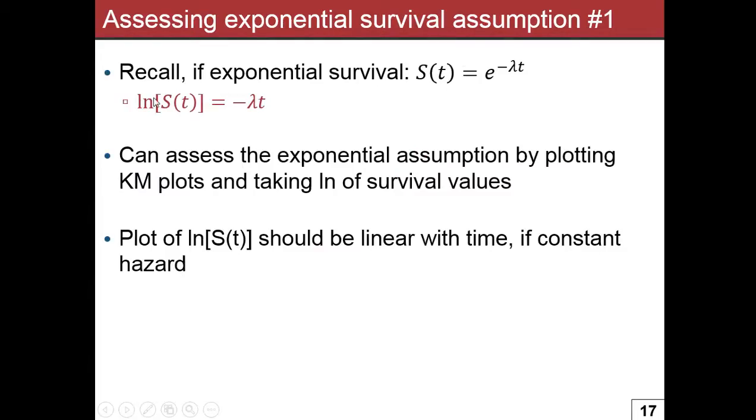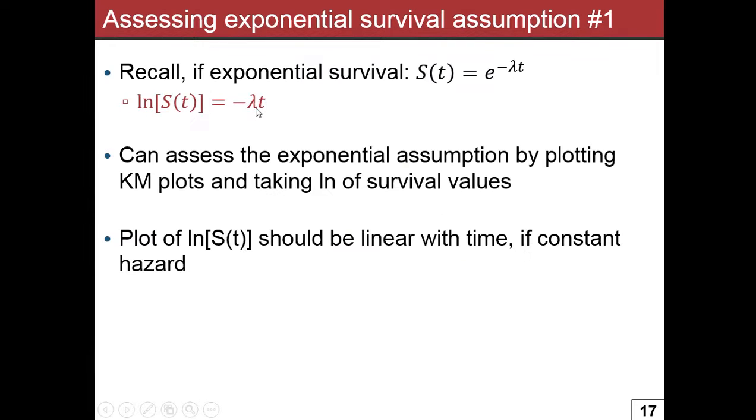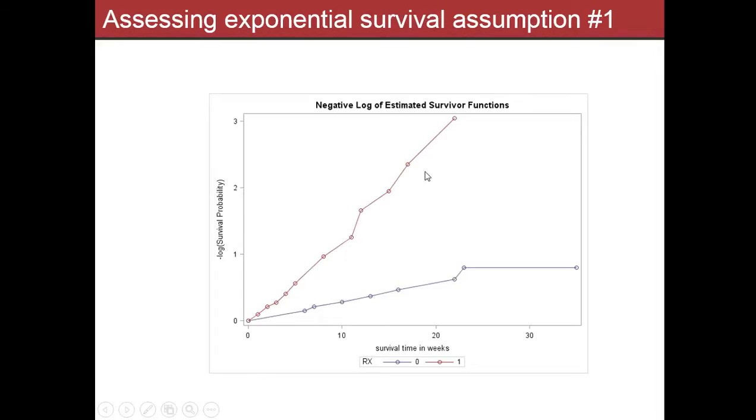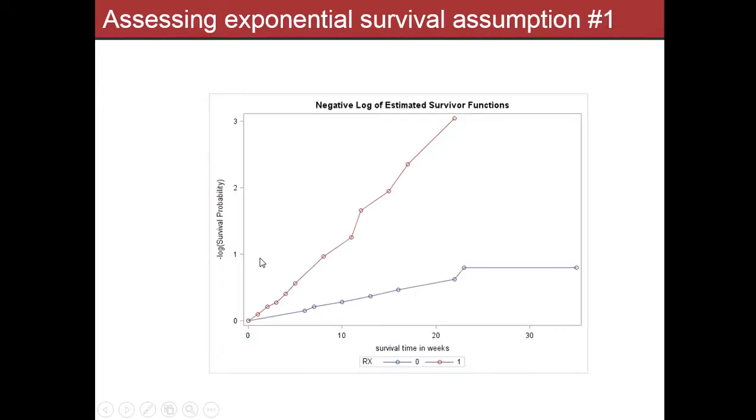The log of S of t would be minus lambda times t. So the slope of this thing basically is lambda. The slope of this actually would also be the rate. If this is linear, this time scale is time, this thing is minus lambda t. Okay, so this needs to be linear.